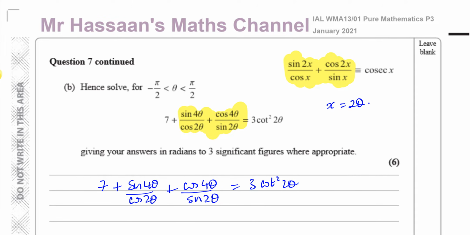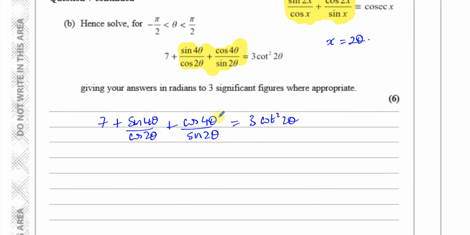I can say that this part of it here can be replaced by cosec 2 theta. So 7 plus cosec 2 theta is equal to 3 cot squared 2 theta.